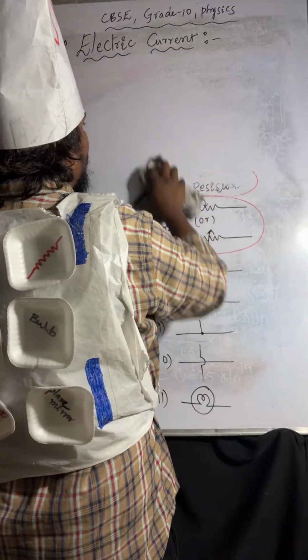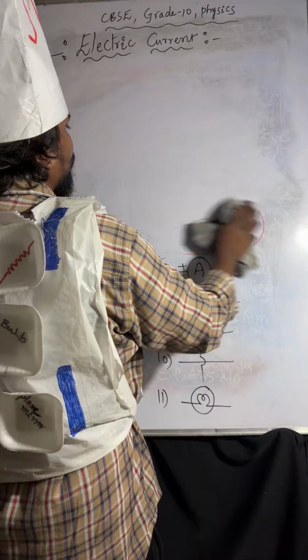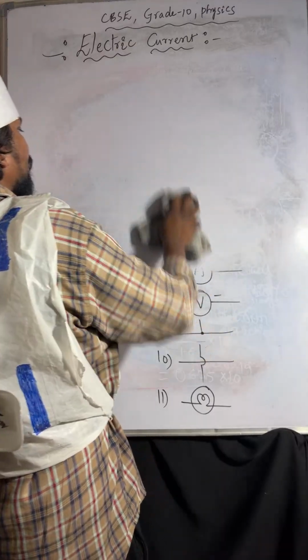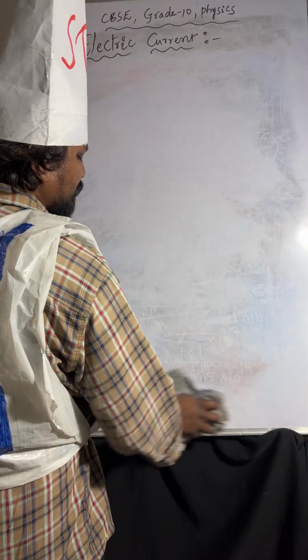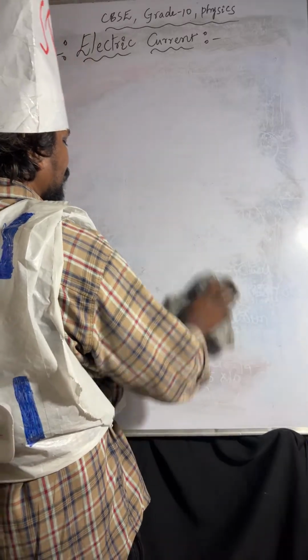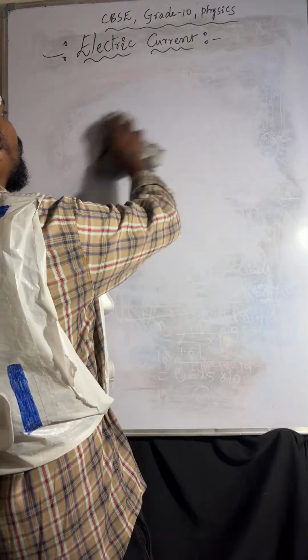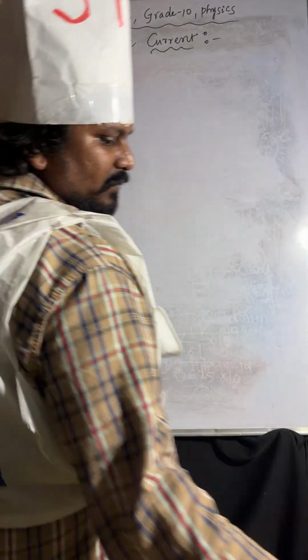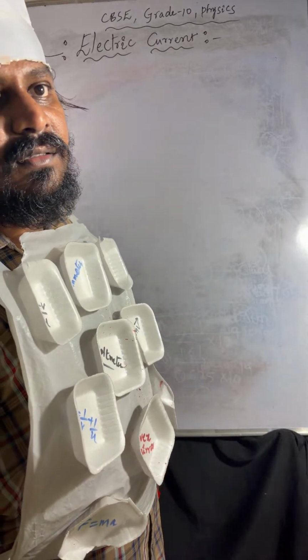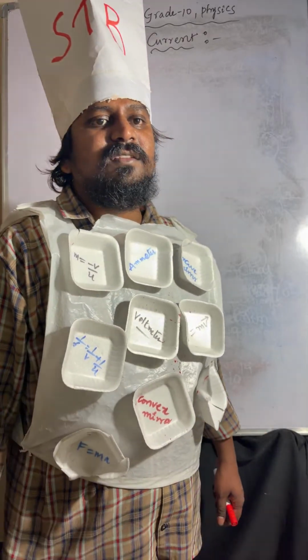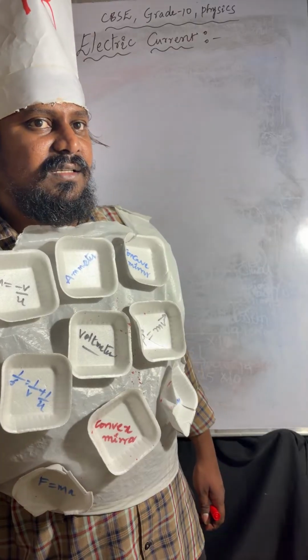Now we will discuss electric circuit. Ammeter is used to measure the electric current.